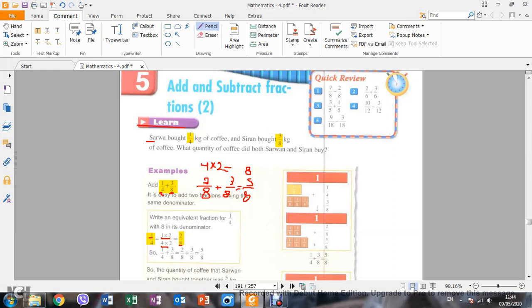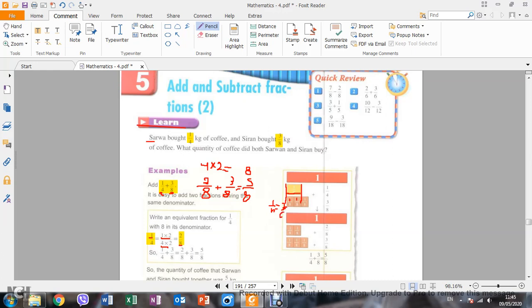Now we can use models. Look, for example, I give you this model. This whole, this 1/4 and this 3/8. So look, when we line it up, 1/4 in this model equals 2/8.